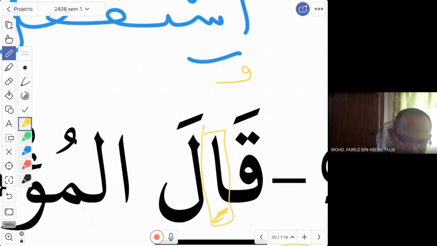The original letter is actually the letter waw. So you just follow me: alif is actually changed from the letter waw. When it is a waw, the fi'il is actually qawala. That is the origin of the fi'il qala. It is qawala, but later it is changed to qala.